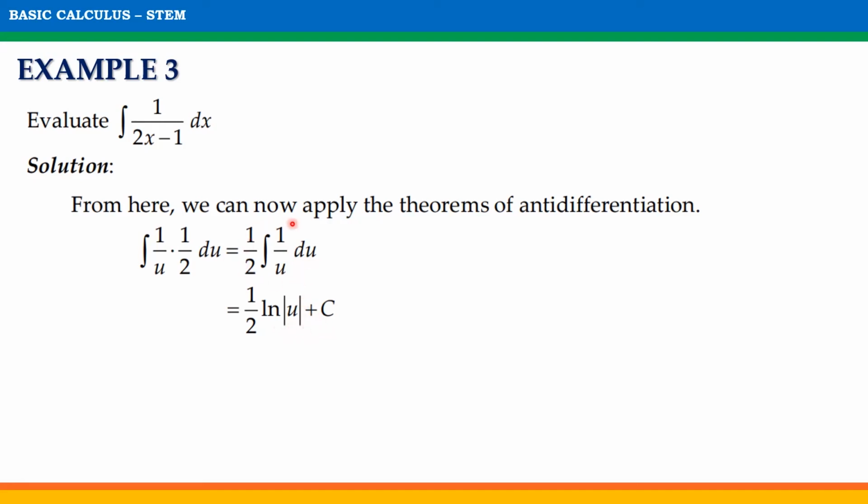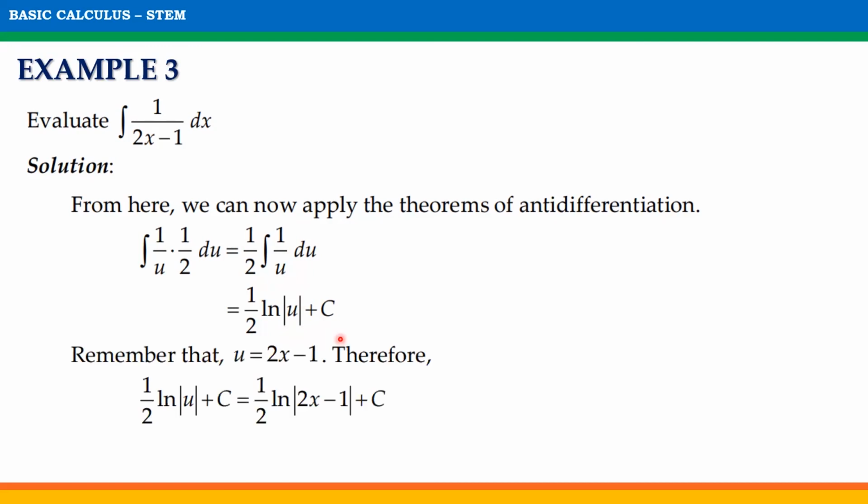Thus, this, when evaluated, will be equal to 1/2 ln absolute value of u plus c. Now, remember that u is equal to 2x minus 1. Therefore, substituting this in our answer, we will have the final answer to be 1/2 ln of the absolute value of 2x minus 1 plus c.